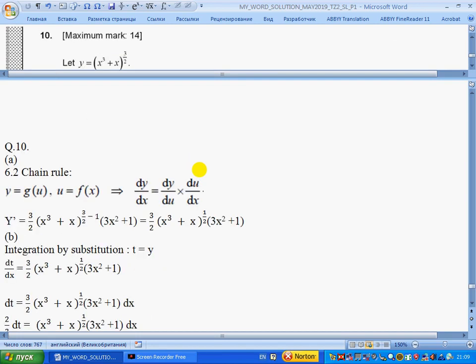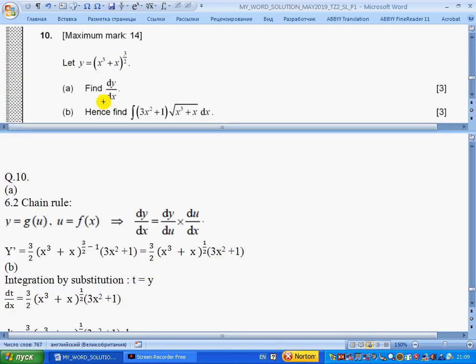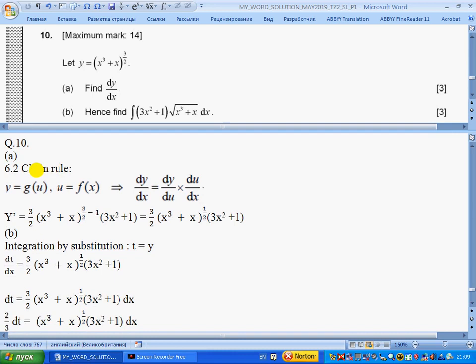Question 10. We have a function, and we should find the first derivative of this function. We are using section 6.2, the chain rule. First we find the derivative of the exponent, and then what is under the exponent.